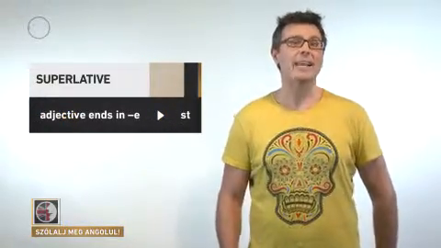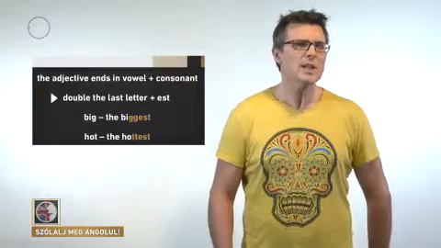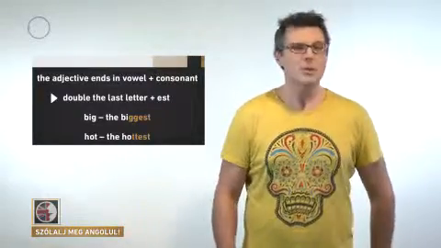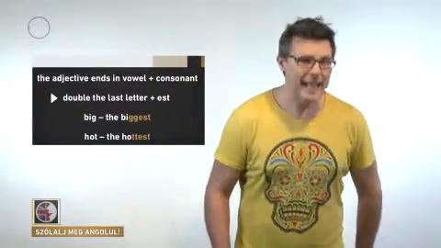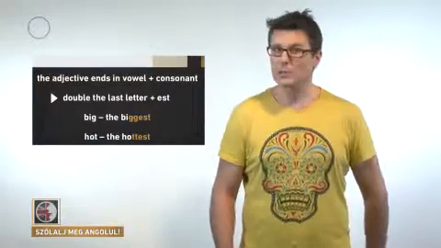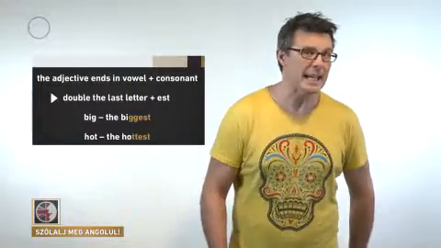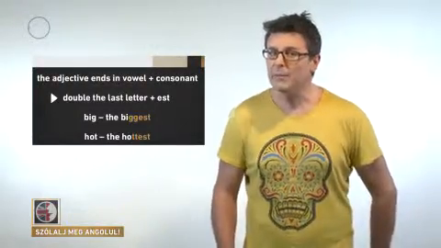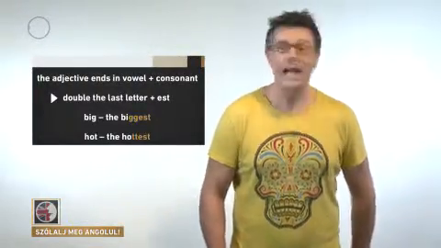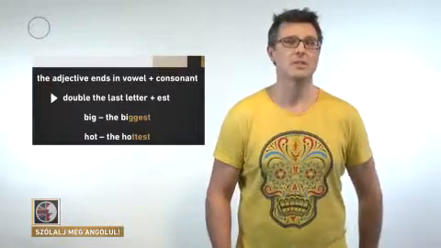If the adjective ends in an e, then we add st to the end and put the in front. Just like the comparative form, bigger, smaller, older, if the adjective ends in vowel plus consonant, we double the last letter before we add est. So big becomes the biggest and hot becomes the hottest.